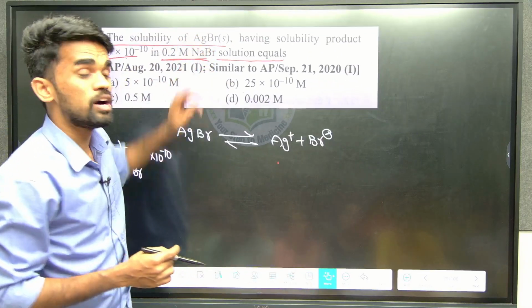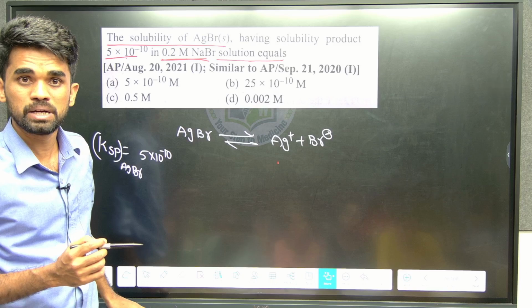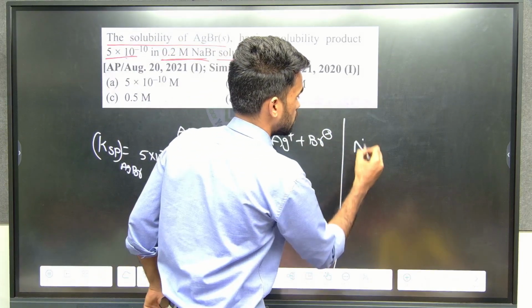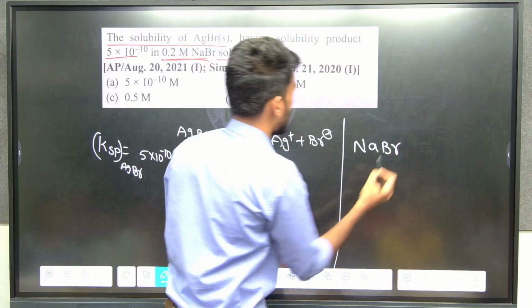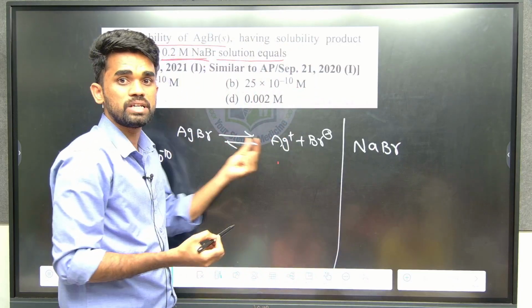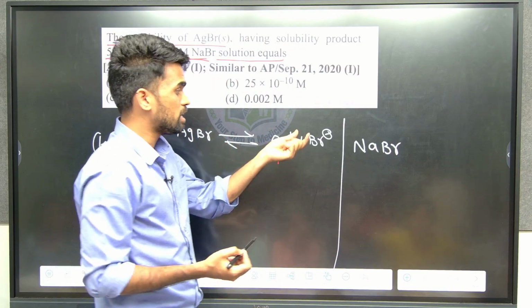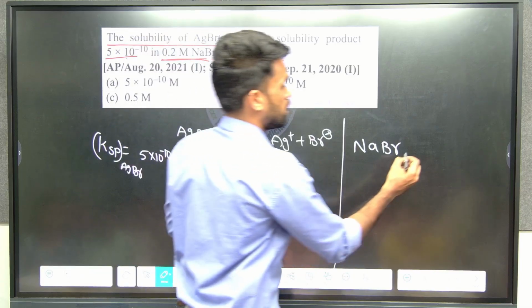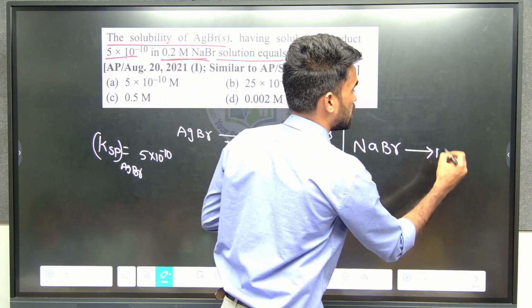So we have studied Le Chatelier principle today. What does Le Chatelier principle say? Whenever we increase the concentration of reactant, equilibrium shifts forward. Whenever we increase the concentration of product, equilibrium shifts backward. So now tell me, is NaBr a strong electrolyte or a weak electrolyte?